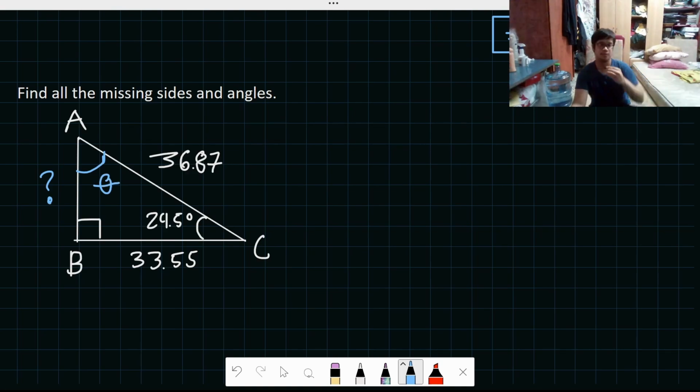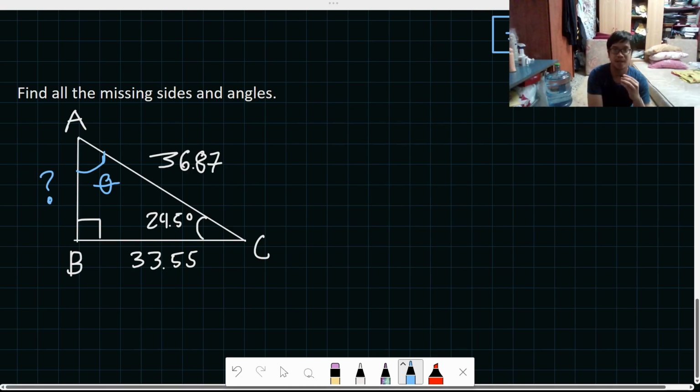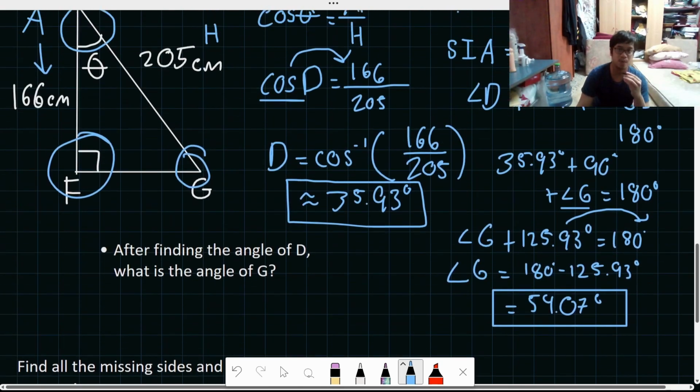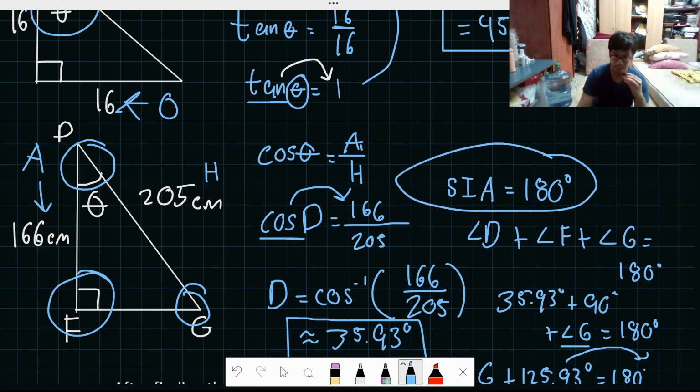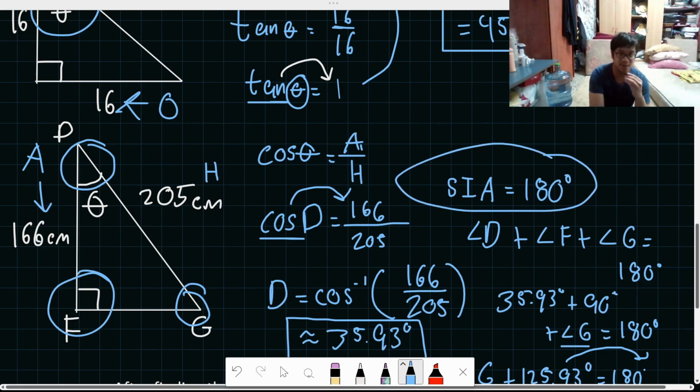So what are we going to do? Let's start first with the easy one. The easy one here is getting angle A. We will apply what we learned in the last problem, the last figure on the second problem, which is the sum of all interior angles of a right triangle is 180 degrees.